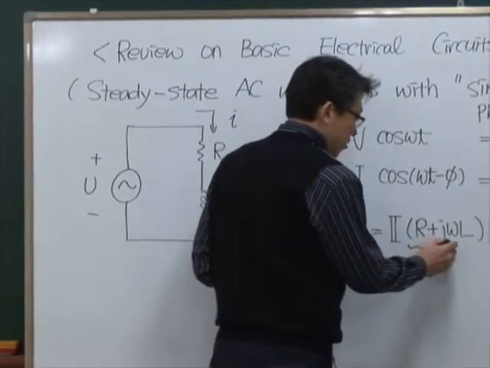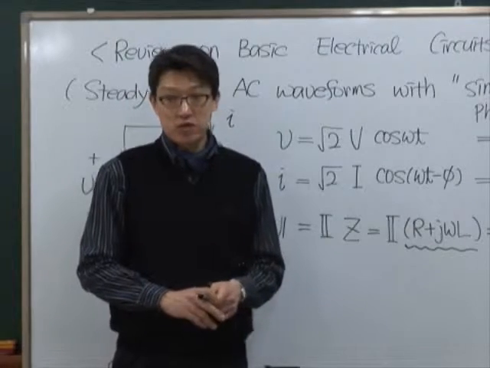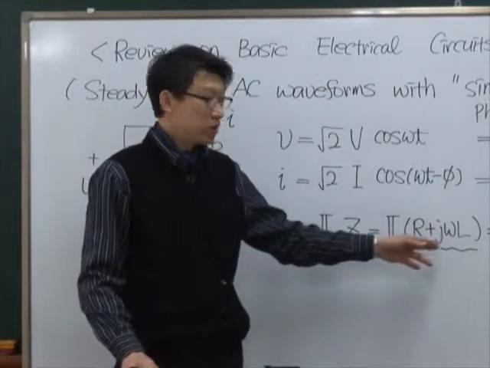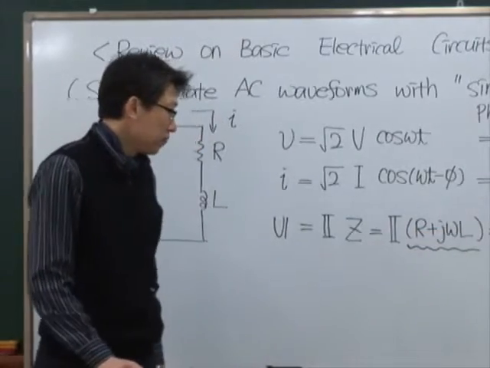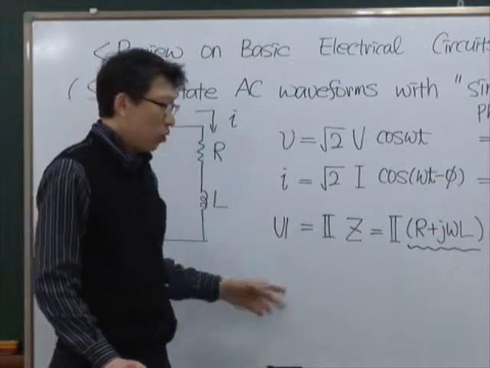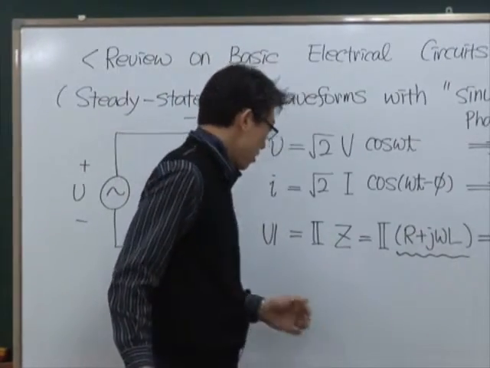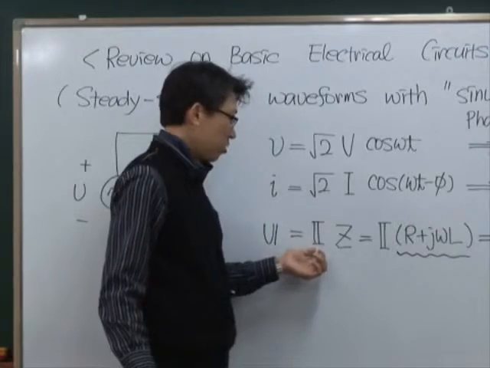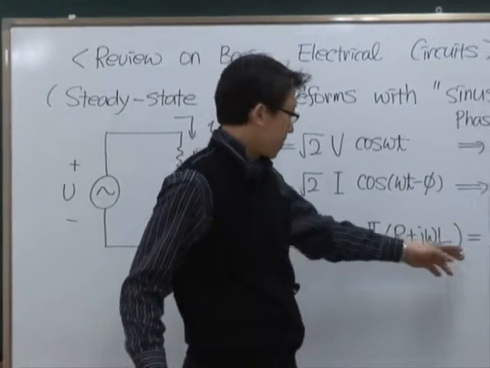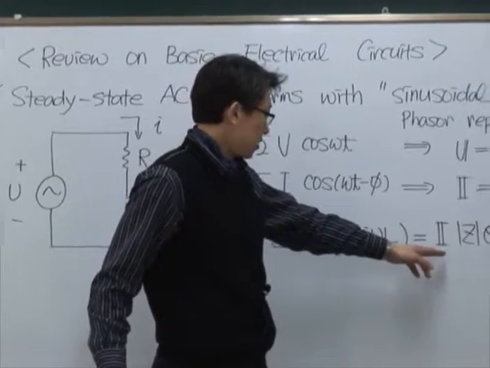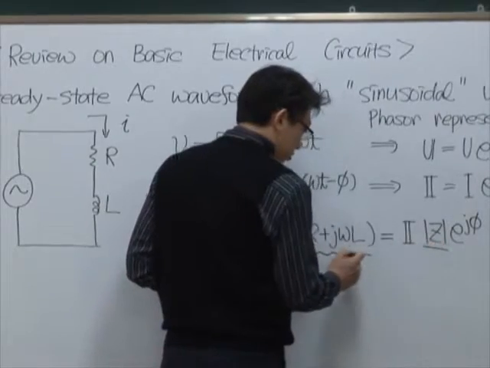Everybody knows that the real term is resistance, and the imaginary term at this moment is the inductive impedance, omega L. So Ohm's law also holds for the sinusoidal case. The voltage phasor is equal to the current times the impedance. And this is called the amplitude, the amplitude of this number.